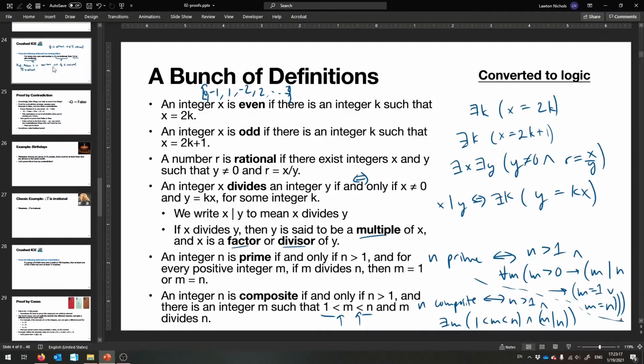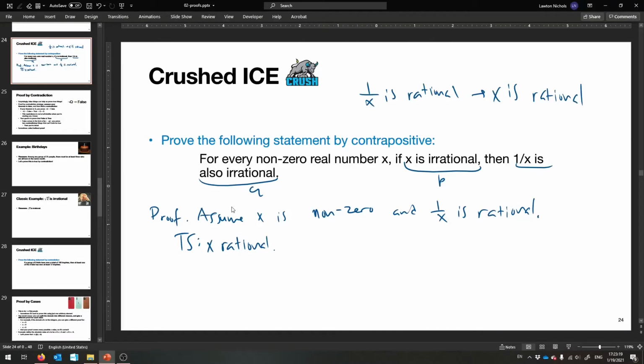So we get to assume that 1 over x is rational. That means that 1 over x equals p over q. I've already used p, so let's use some different letters. Equals, I don't know, m over n, for some m and n which are integers, and n is not equal to 0.